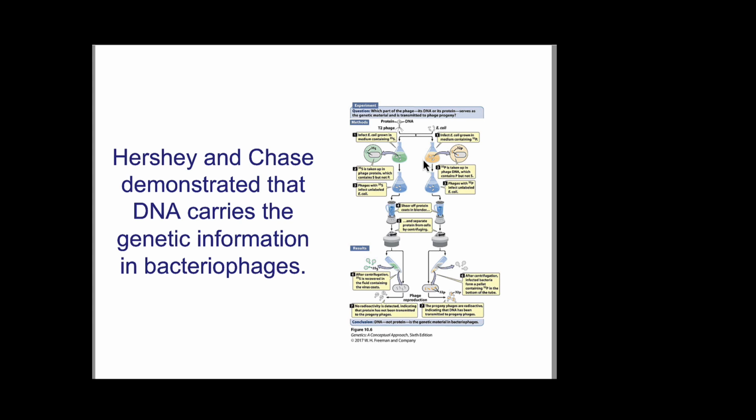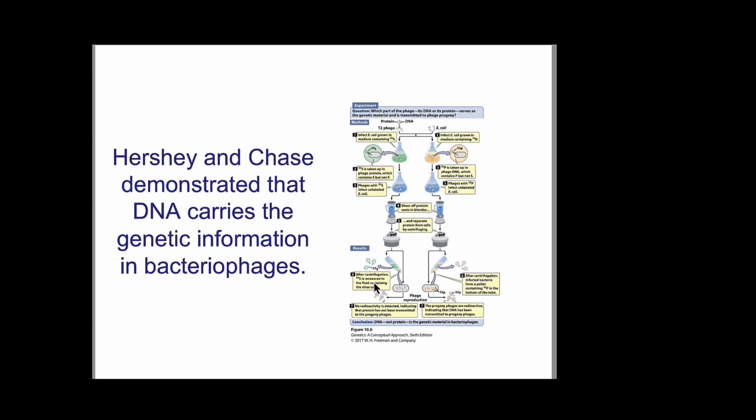So they grew the bacteria up in these various components, and as the bacteria is growing up, it's going to incorporate this radioactivity into the DNA and/or protein. They then allowed the phages to infect the bacteria. Then they sheared the protein coats off in the blender, separated the proteins from cells by centrifugation. And then after centrifugation, they looked for radioactivity in the offspring.